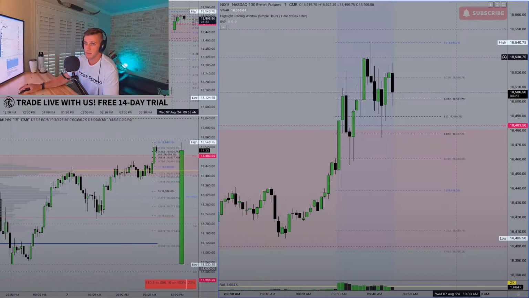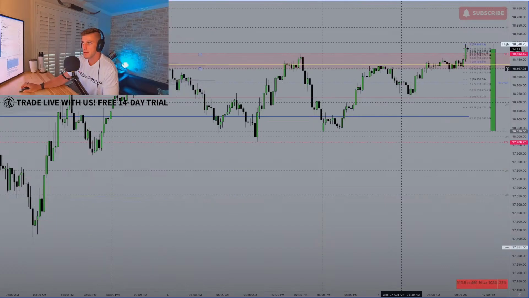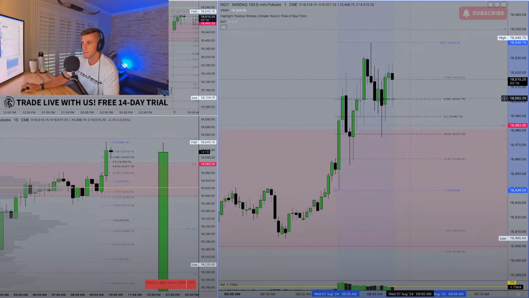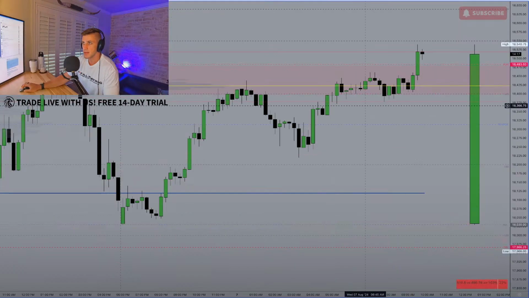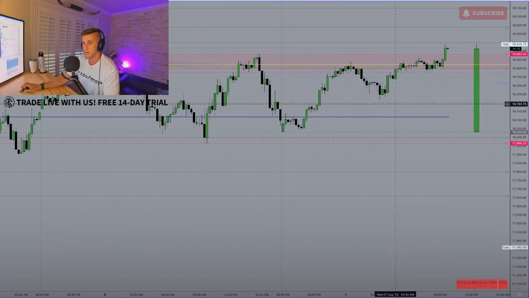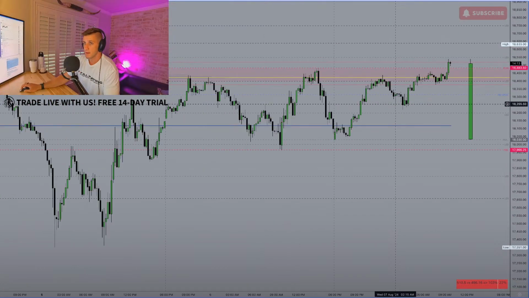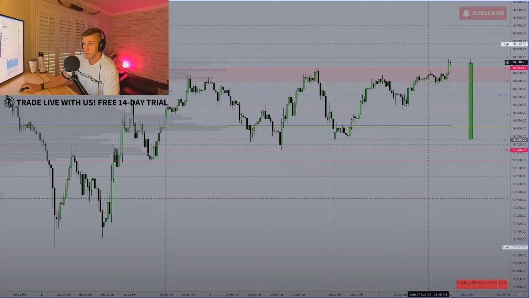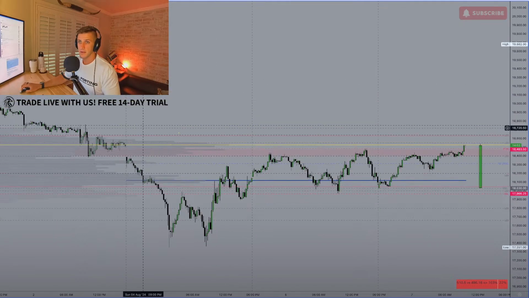So first 15-minute bar is closed on, let me get rid of that fib. On NQ, it is outside of the breakout point. So you definitely want to be cautious with any shorts up through here until you have a stronger signal, personally.